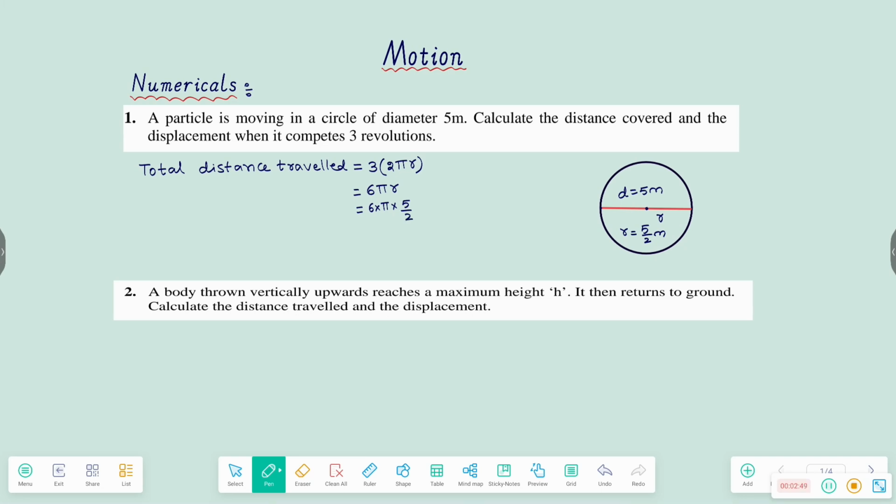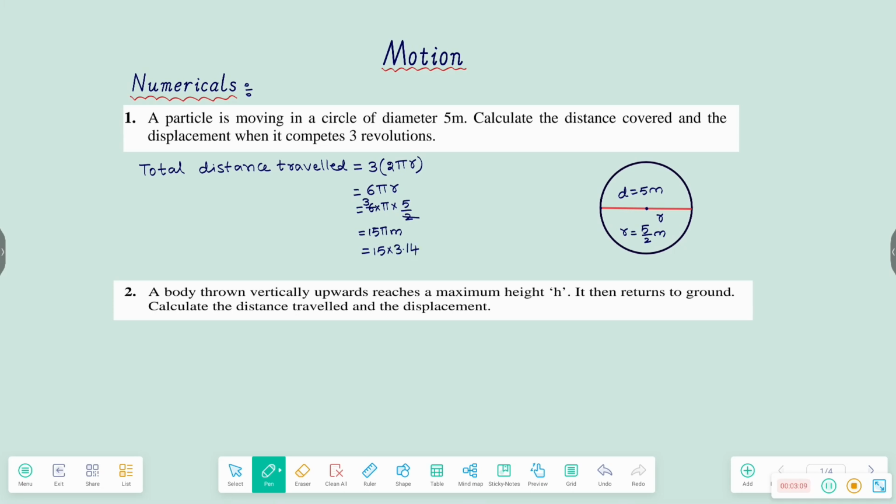Now we can cancel: 2 ones are 2, 2 threes are 6, so 3 into 5 is 15. So the answer is 15 pi meters. This is the total distance travelled. For the final numerical answer, it is 15 into pi, where pi is 22 by 7 or 3.14.